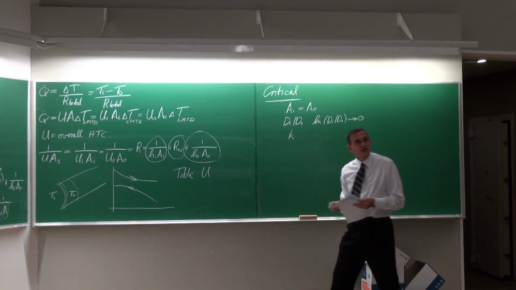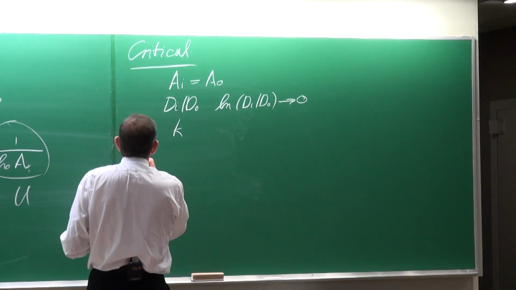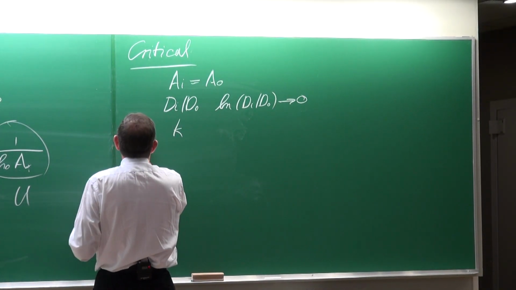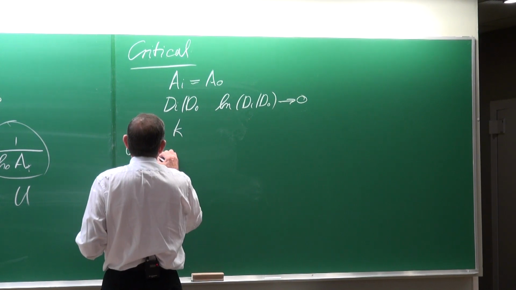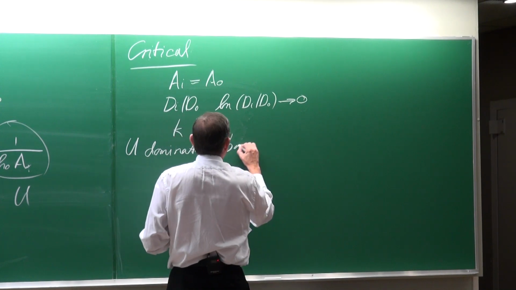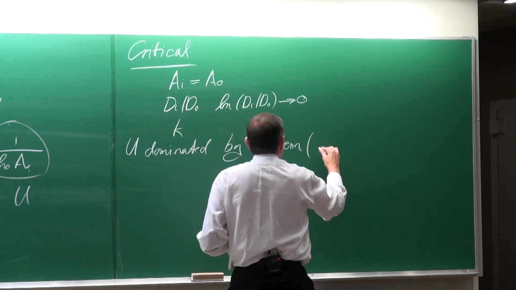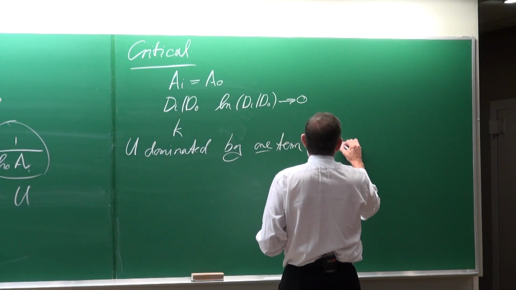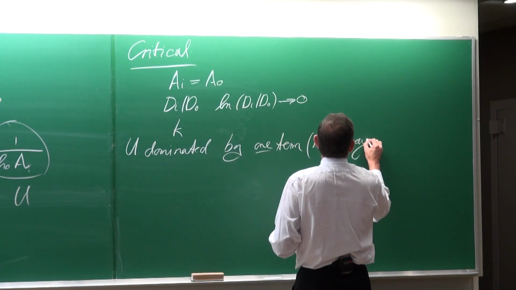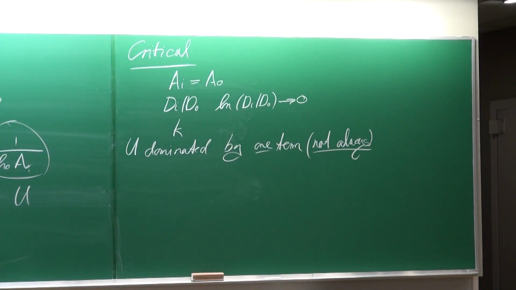However, in this critical discussion, it is very important to realize that U, in many cases, is being dominated by one term. And again, I do not want to generalize. It's not always the case, but in many cases it is.